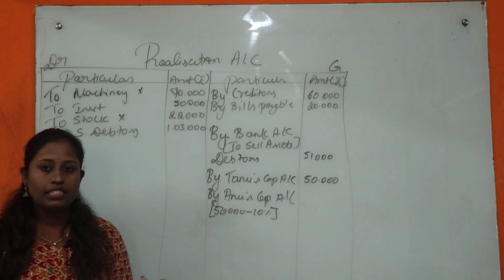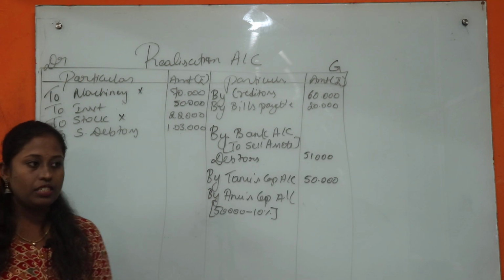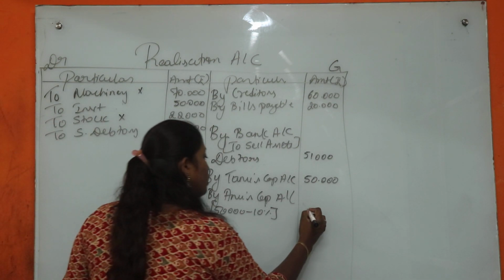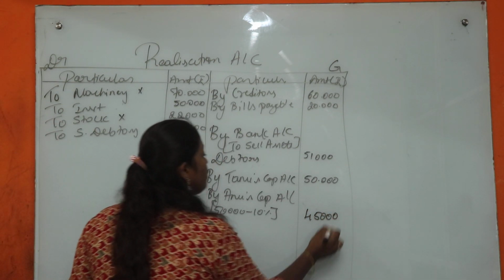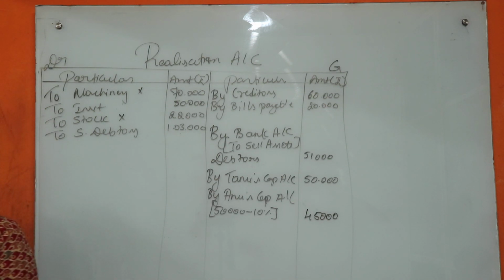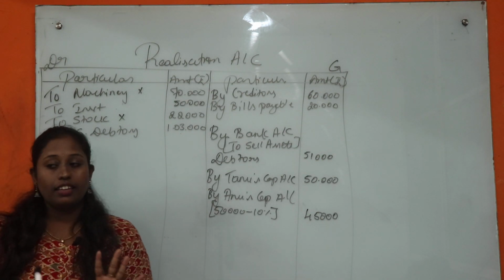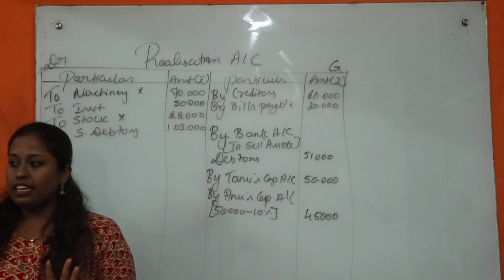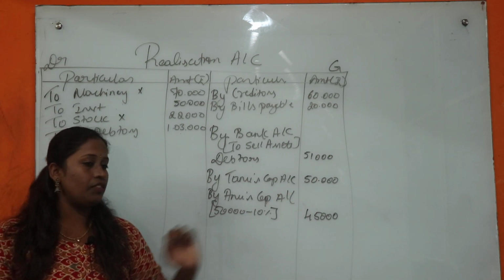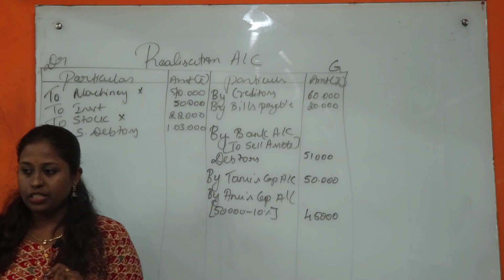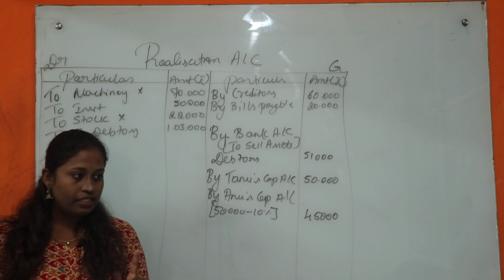So 10% less of 50,000 is 5,000. That means she took this over for 45,000. Remember, she did not take it over for 50,000. The debtor's value is 50,000, but she gave the company 10% less, which is 45,000. Clear? Any doubt with this?